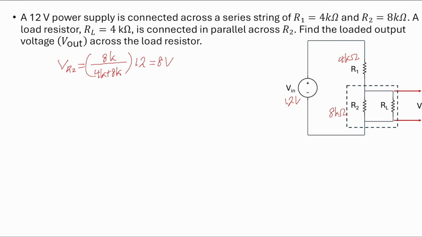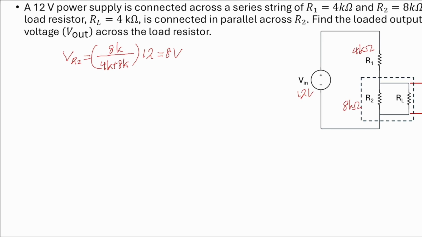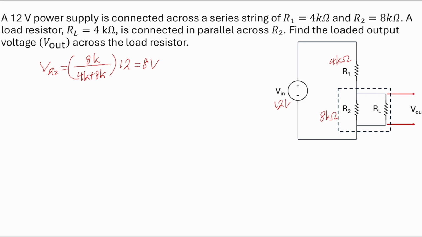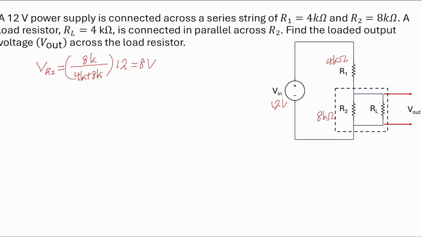However, if we really want to get 8 volt, we must connect this circuit to an external load. It means we are actually connecting our load in parallel with R2. Now what happens is you effectively change the resistance.